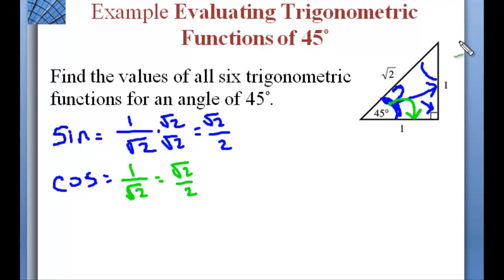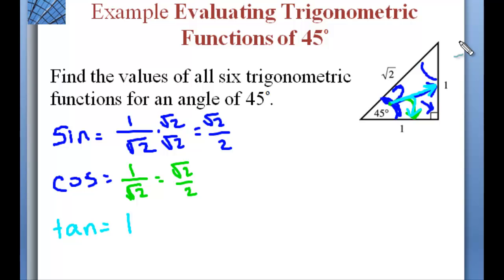So sine and cosine are the same on a 45-degree right triangle. Tangent is SOHCAHTOA, opposite over adjacent. It's the opposite over the adjacent, which is 1 over 1 or 1.